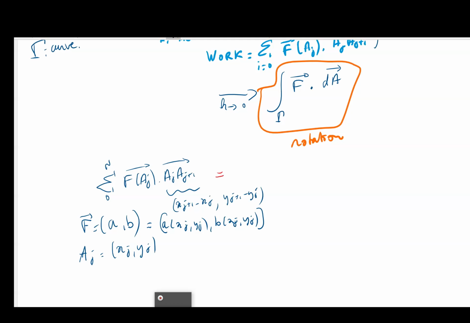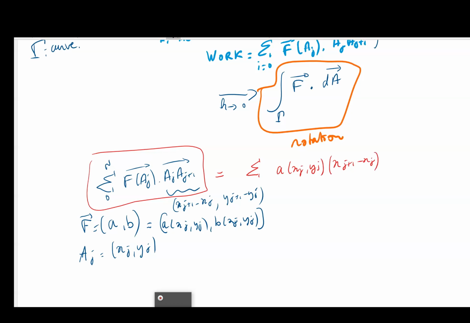So let's go on with our calculation, and let's make it a bit more explicit. You know that the dot product, when I have the Cartesian coordinates, I can rewrite as the product of the x components plus the product of the y components. So that's going to be A(xj, yj) times (xj+1 minus xj).